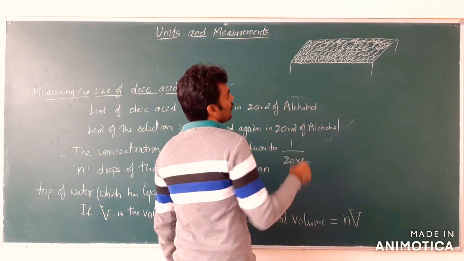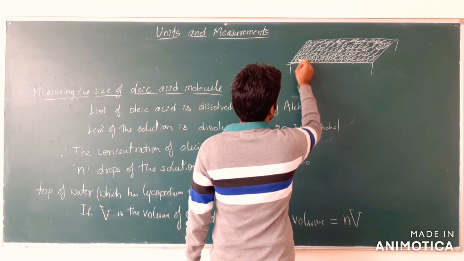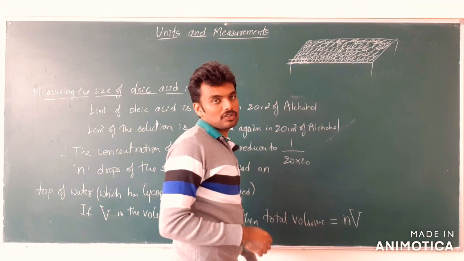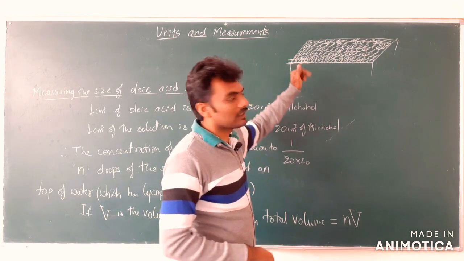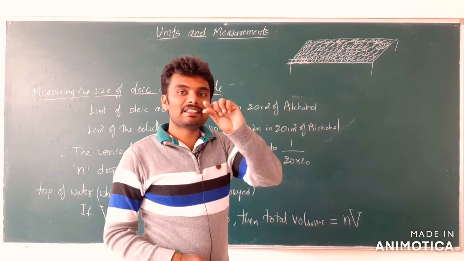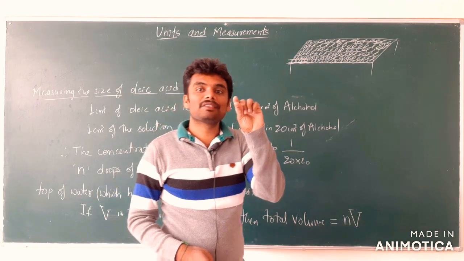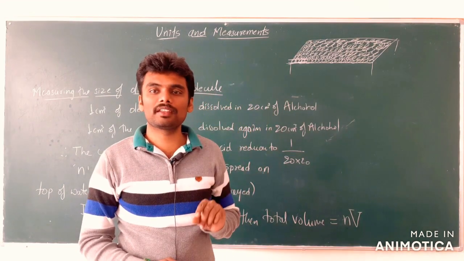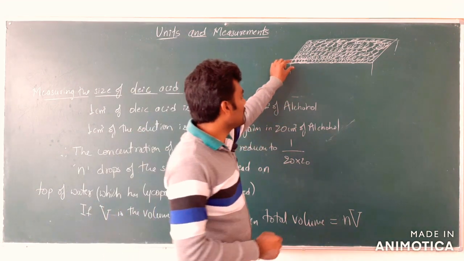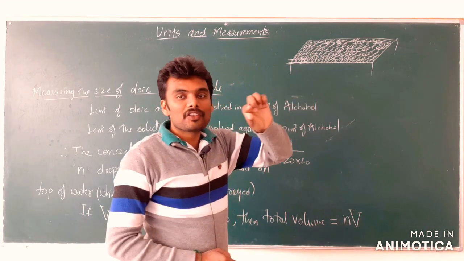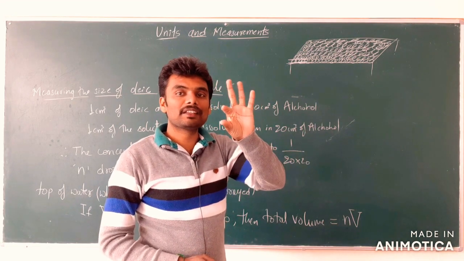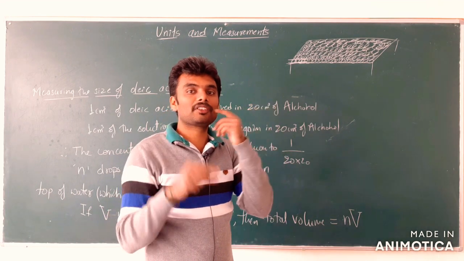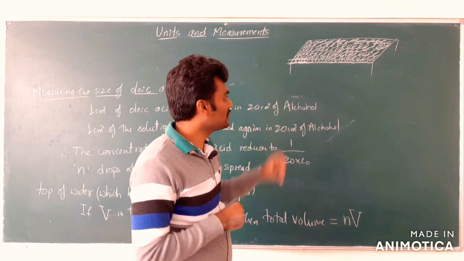Okay, so now you see, this is the thickness of each layer. What is the thickness? The thickness of each layer is the size of a single oleic acid molecule itself, nothing else, isn't it? So each layer has only one molecule, right? So how thick the layer is is decided just by getting the size of the molecule.